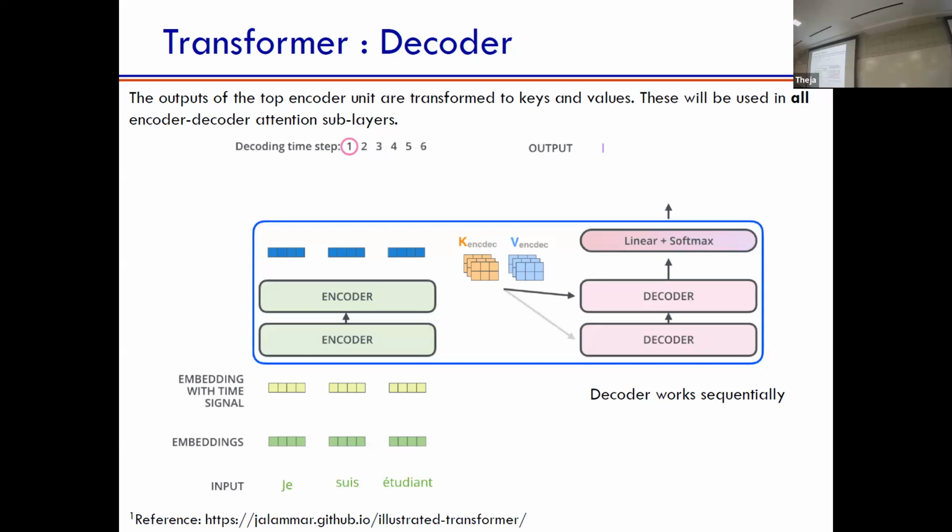Just think of two fixed matrices sitting here and multiplying with this to generate one key vector per word and one value vector per word. Okay. Here, actually, it's very similar to multi-headed attention. There are actually multiple copies here, but let's focus on one for now.